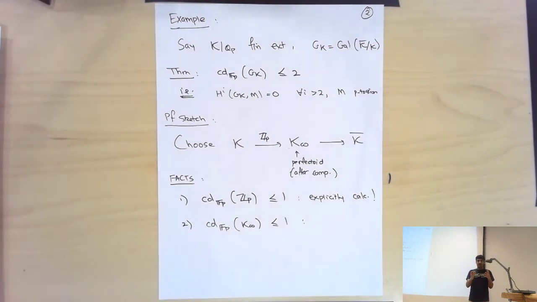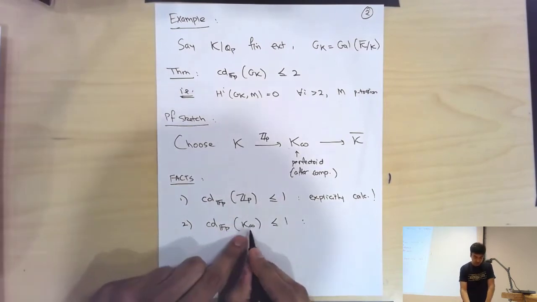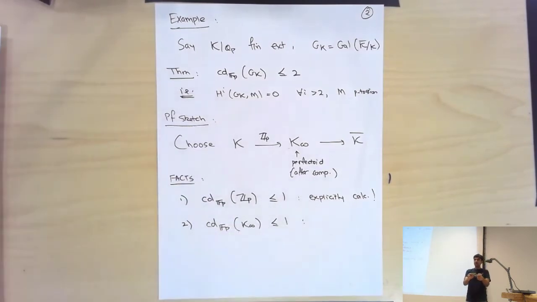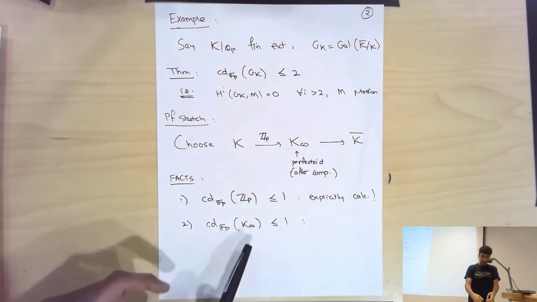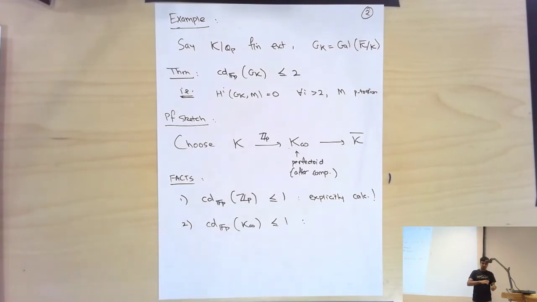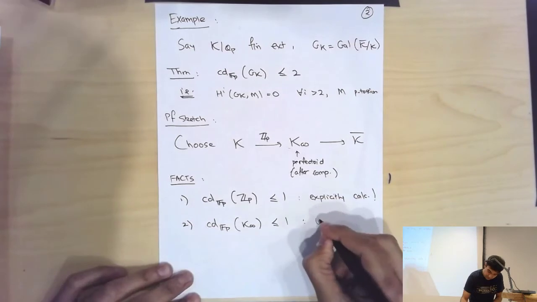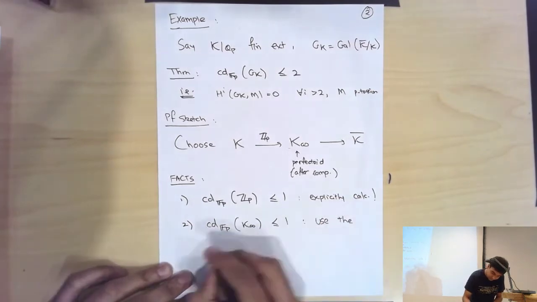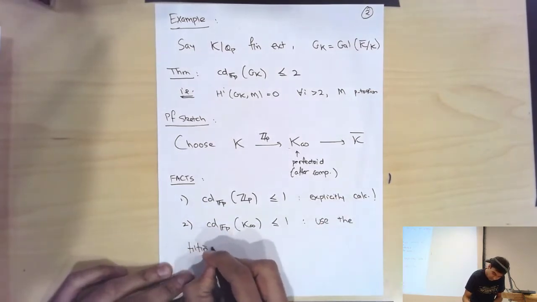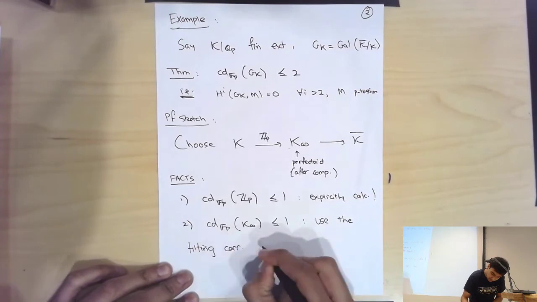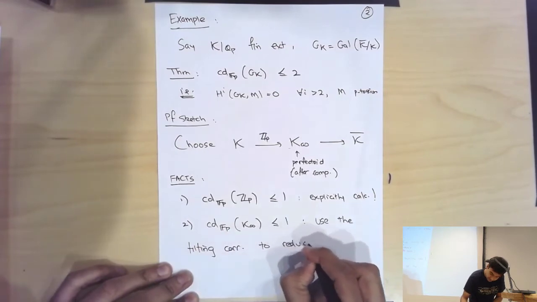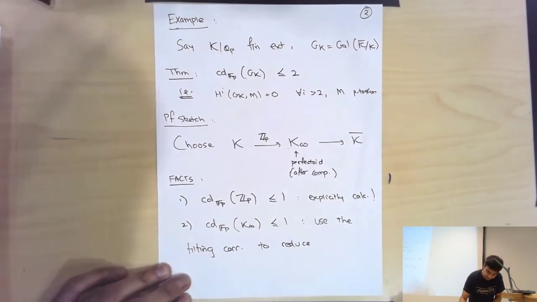So as Jared explained, and then Skiran also explained, the absolute Galois group of K infinity, or rather its completion, which is perfectoid, is the absolute Galois group of a field of characteristic p, namely its tilt. And since we're only interested in questions about the absolute Galois group, we might as well move to characteristic p. So you use the tilting correspondence to reduce to an analogous statement in characteristic p, which is actually true in much more generality.